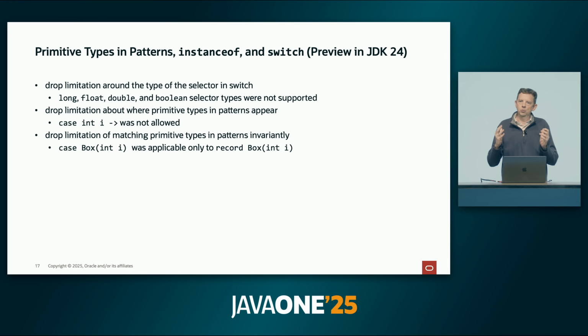So we asked the question, what would it look like to interact with primitives in a pattern? Does it make sense to say a double is an instance of int? You might just say, no, doubles and ints are different things. But we found that in certain cases, it can be useful to say, well, this is a 23.0 double. And I know that if I turn that into an int, it's still the number 23. I could even turn it back into a double again.